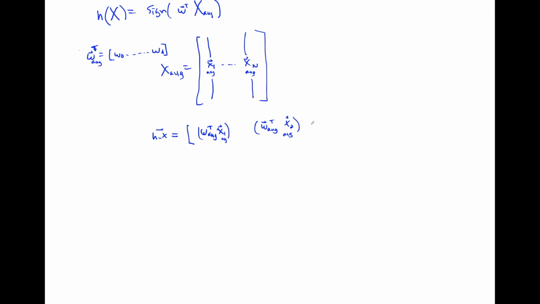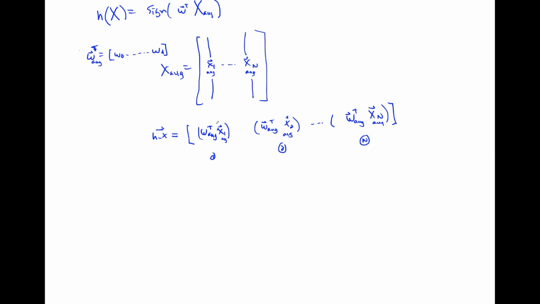That's another value. Up to and including that last value, it's going to be W aug transpose, that vector, times Xn aug. And that's going to be that last value. And so this is going to be the output of our hypothesis on the first X input vector, the second X input vector, up to and including the nth input vector.